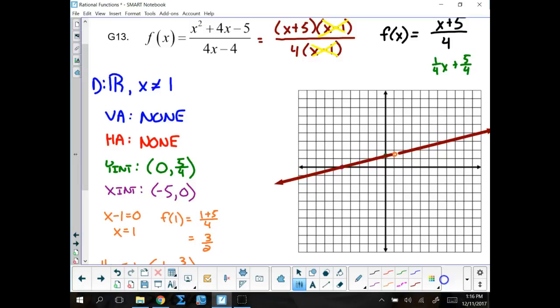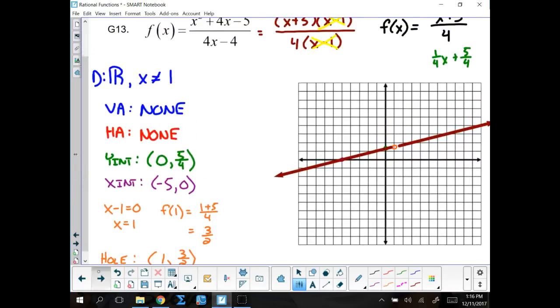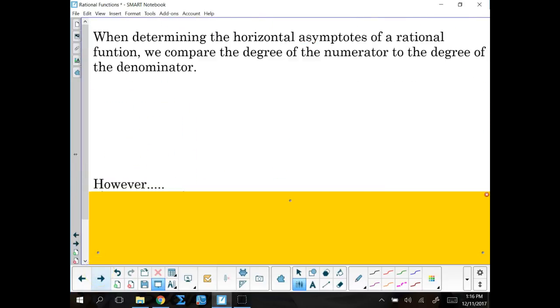There were a lot of people on last week's quiz who were still going to 0 instead of to the horizontal asymptote. So, when determining that horizontal asymptote, great segue. We call that a segue in the biz.